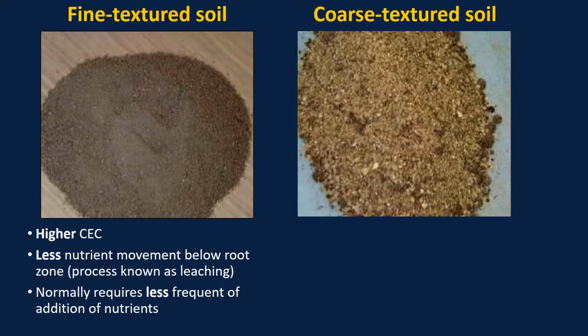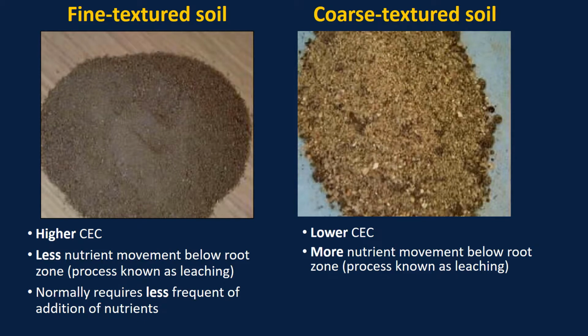If we compare that to our coarse textured soil, we can imagine it's going to be fairly opposite of this, and our medium textured soils are going to be right in the middle of these two. As we said before, there's not a lot of clay here, and clay is what has those negatively charged soil surfaces, so we're going to imagine lower CEC.